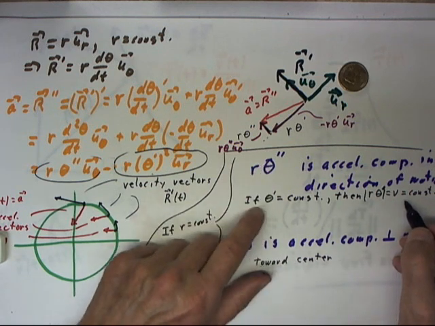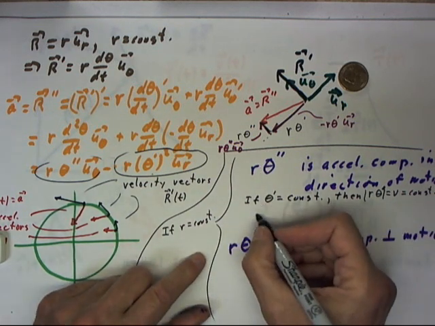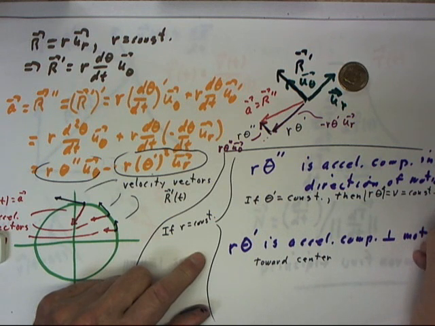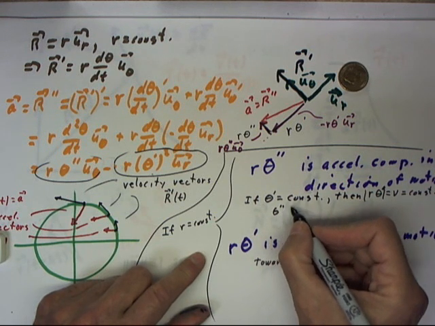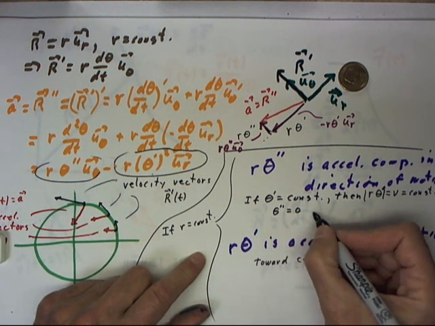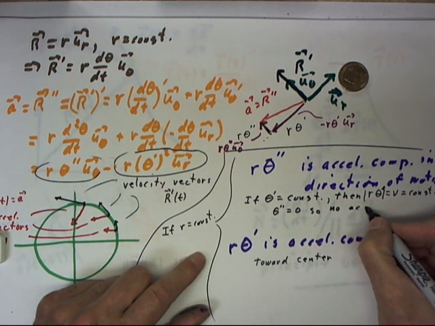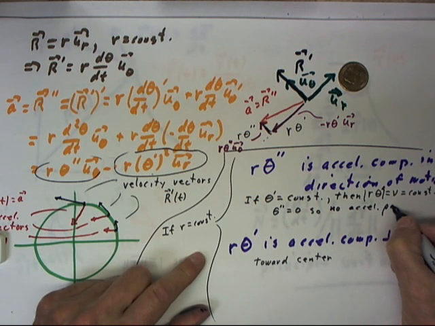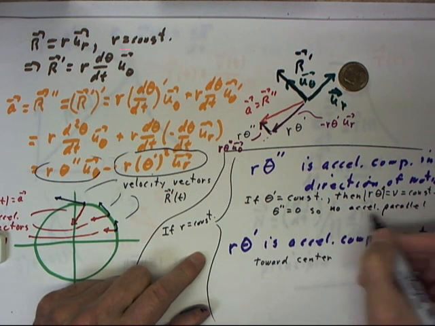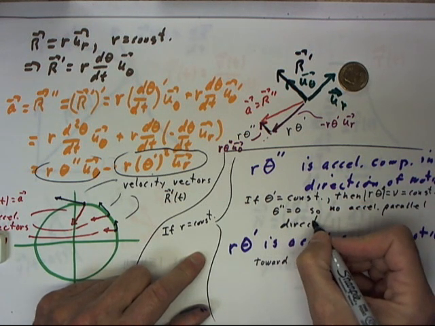And that's consistent with the idea that if theta prime is constant, theta double prime is 0, so there's no acceleration parallel to the direction of motion.